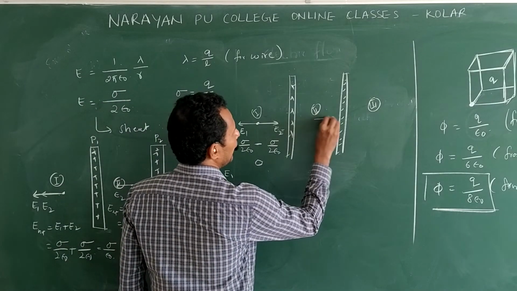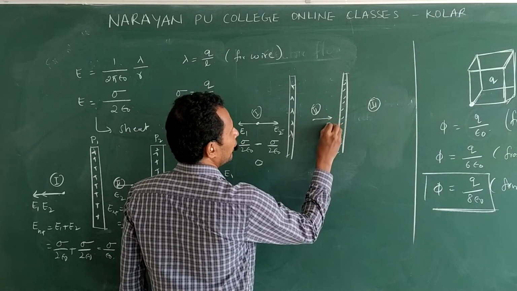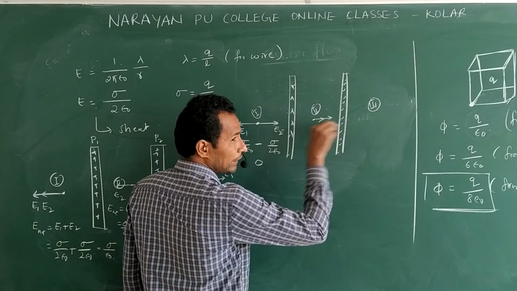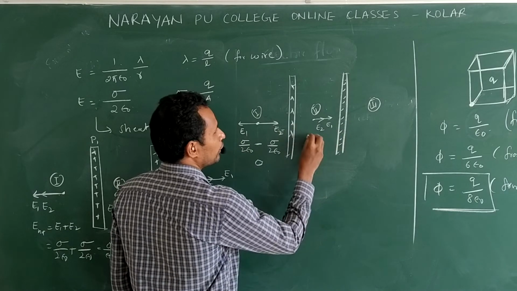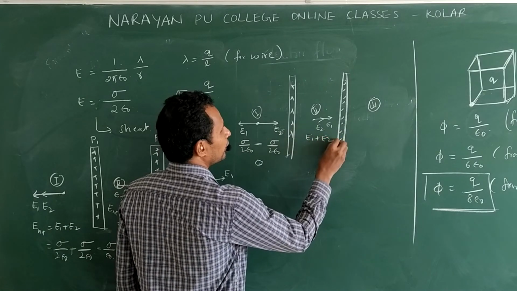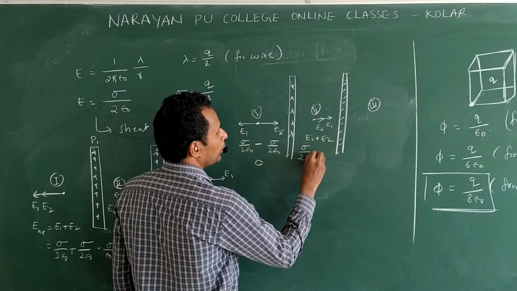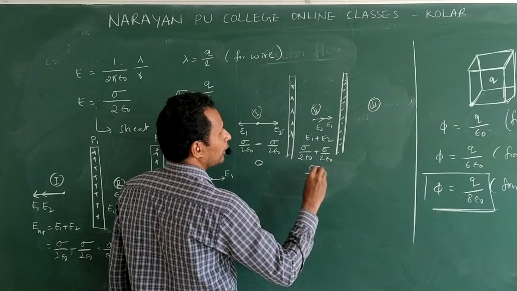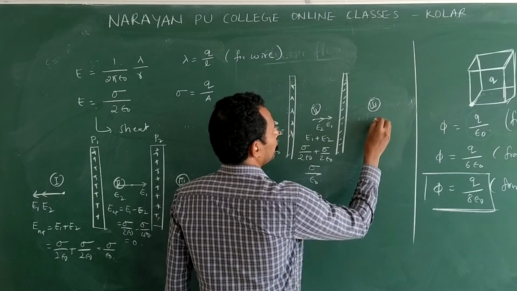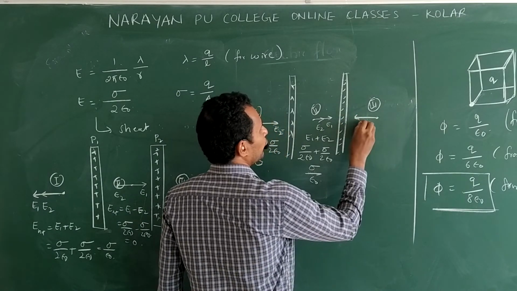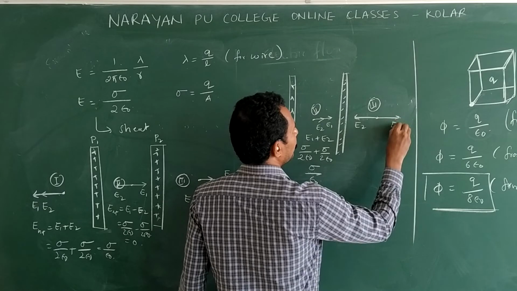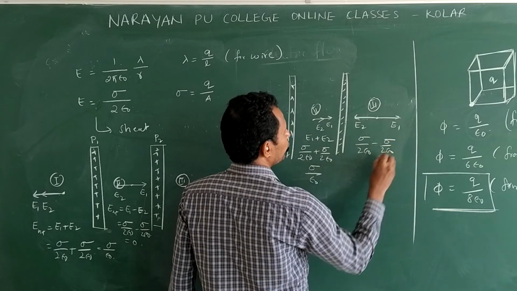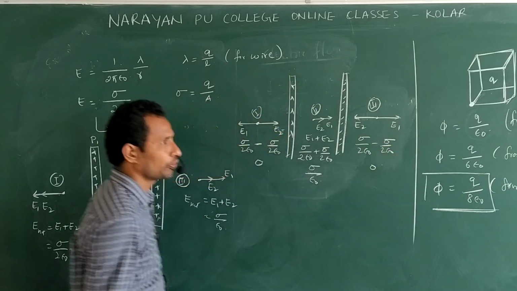Between the plates, the positive field acts in this direction, E1, and the negative field also acts in this direction, since negative acts inwards and positive away. So E1 plus E2, sigma by 2 epsilon naught plus sigma by 2 epsilon naught, equals sigma by epsilon naught. In the other outer region, the negative field acts in this direction and the positive field acts in the opposite direction. Again sigma by 2 epsilon naught minus sigma by 2 epsilon naught, the answer is 0.